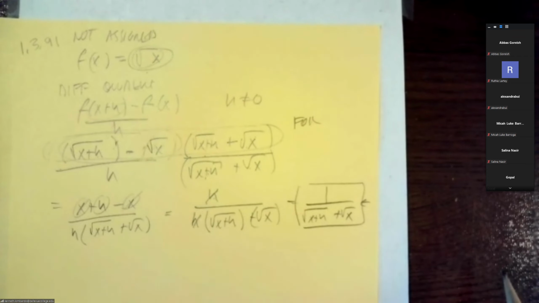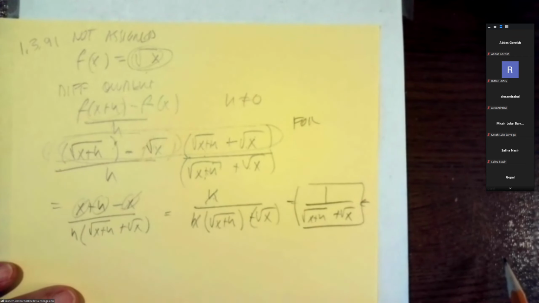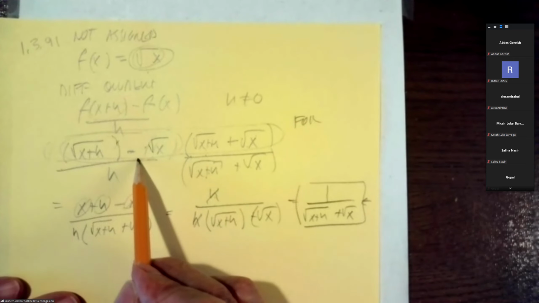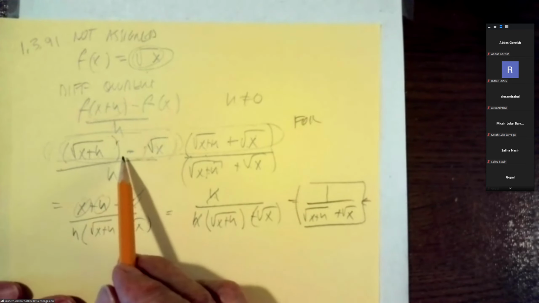Questions? So why did you multiply by the conjugate? That's what we do to get rid of radicals, right? If that radical were in the denominator, we would have multiplied by the conjugate. Now it's in the numerator, so we do the same process.